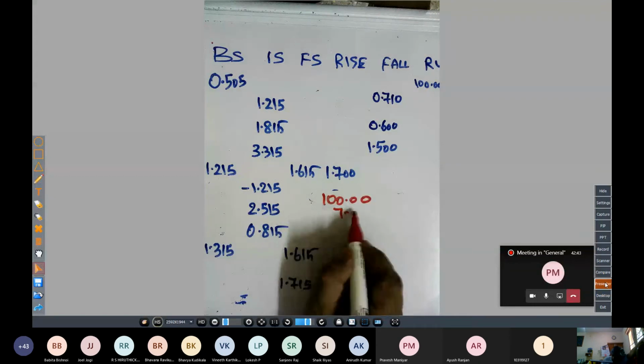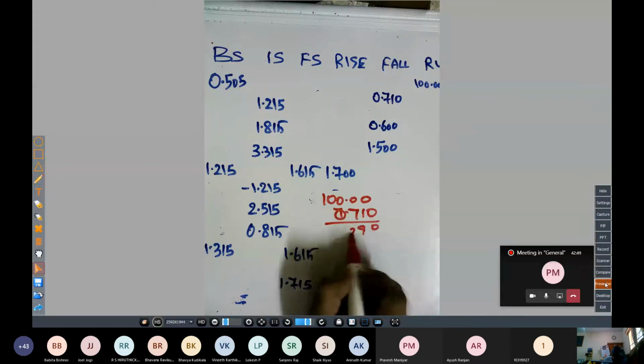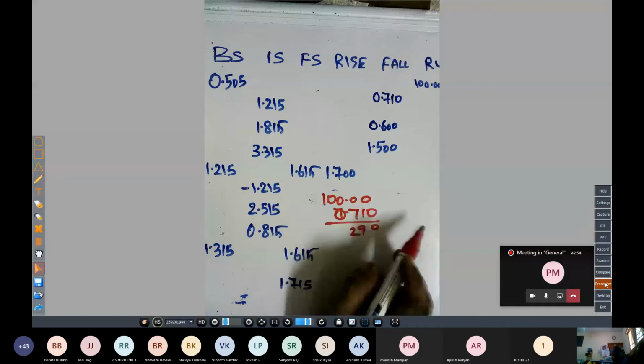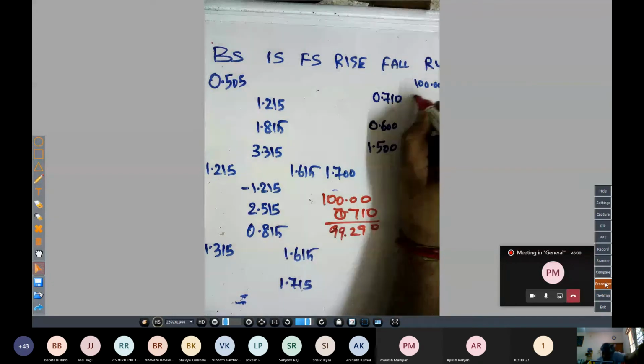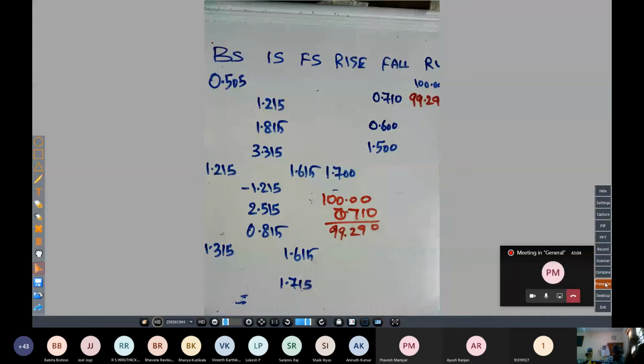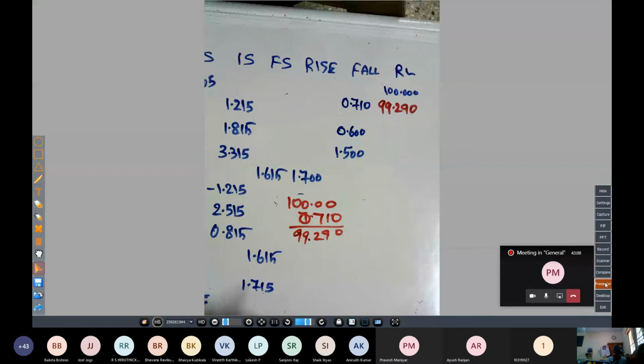So 100 minus 0.710 is 99.290. Okay. The previous problem also you get the same answer.